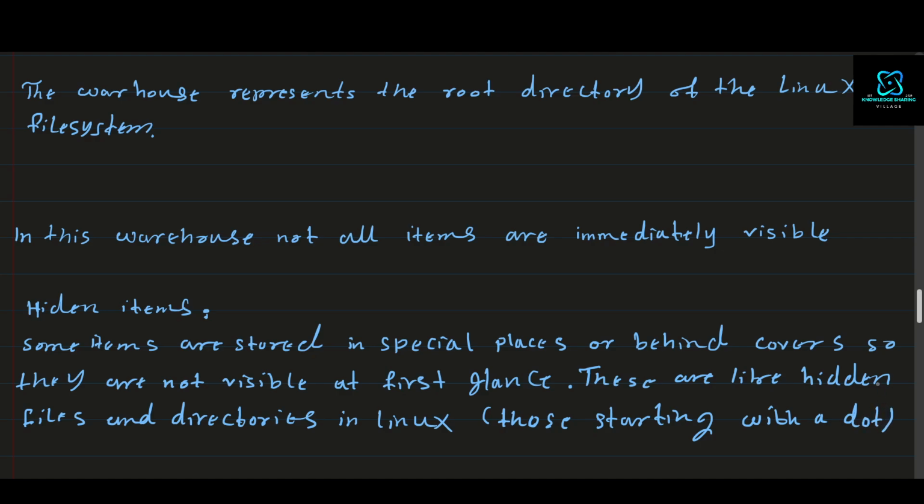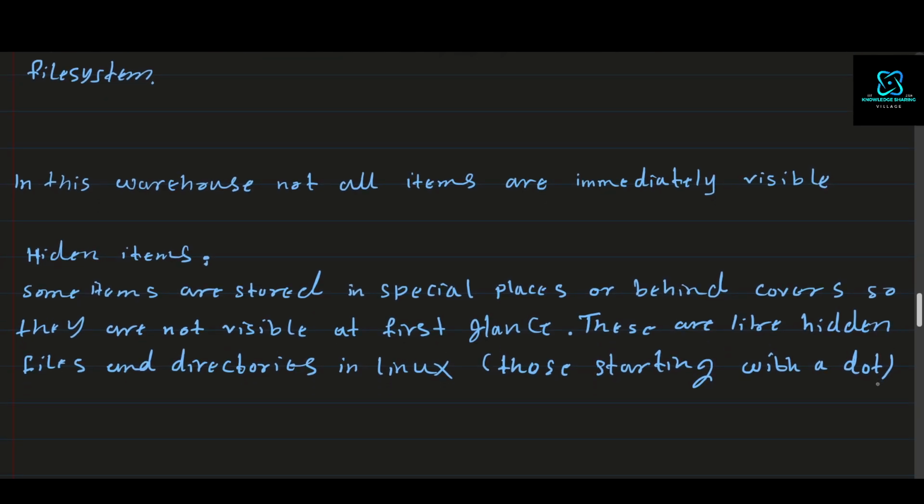A file or directory that is inside another directory, be it a file or a directory that starts with a dot, is not visible. You cannot see them when you open your directory.